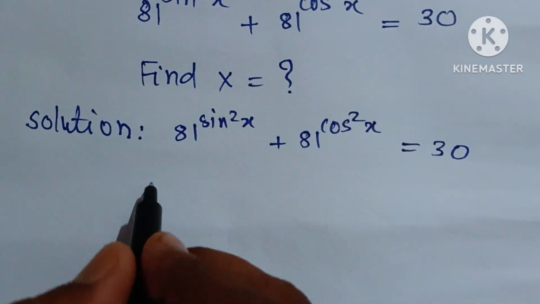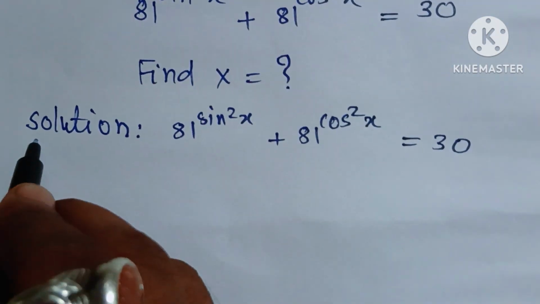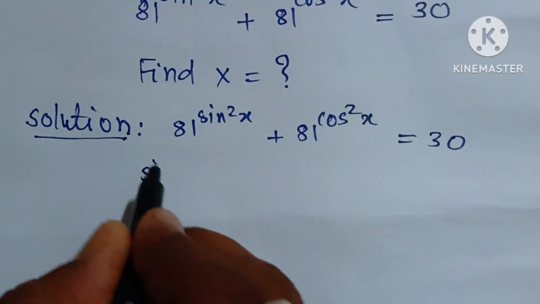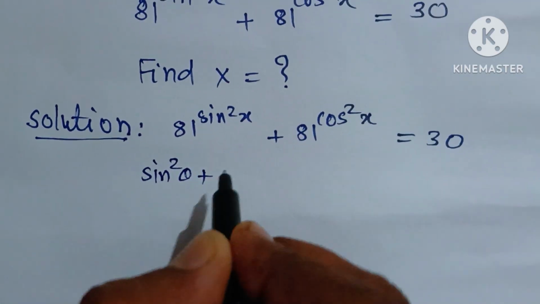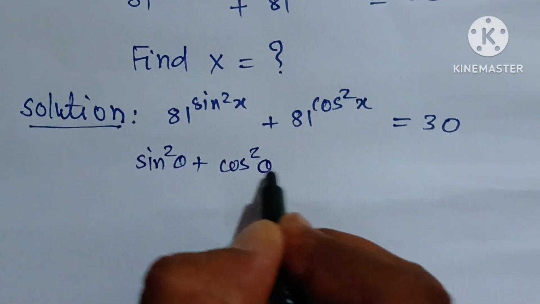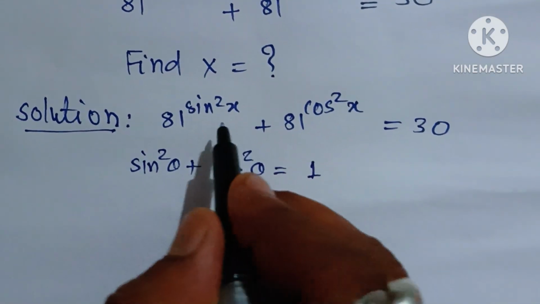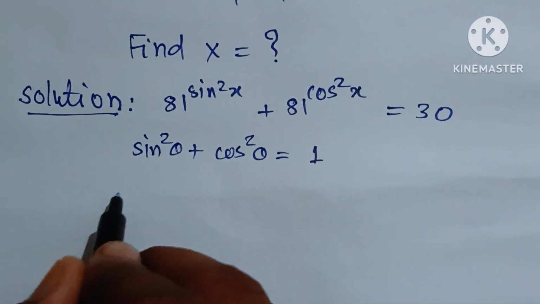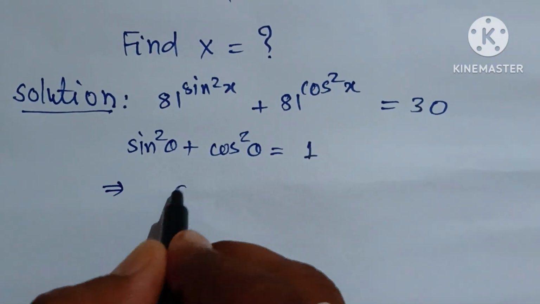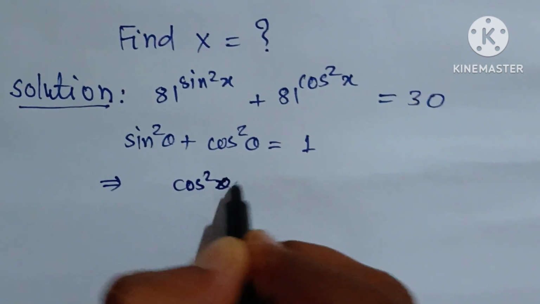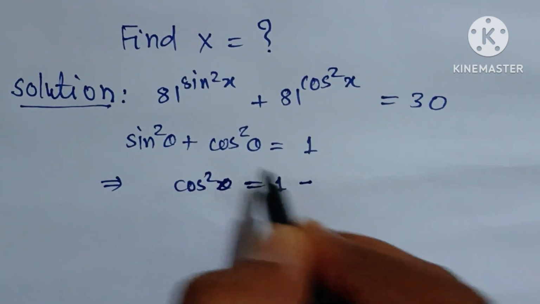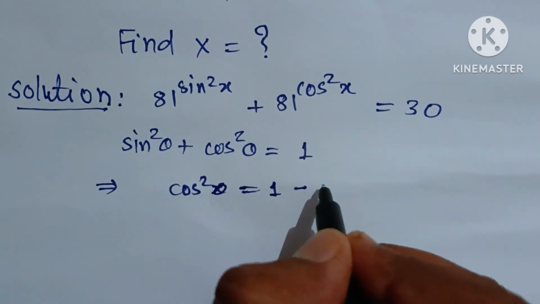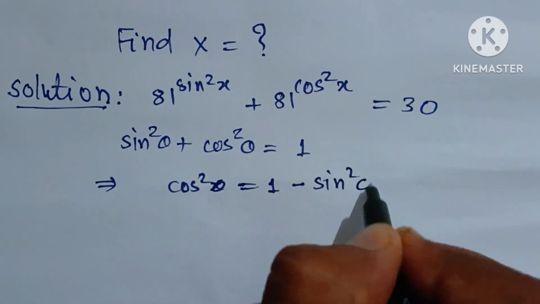We have to use the formula sin²θ + cos²θ = 1. We have to convert this to the same power of 81. So we will write this formula as cos²θ = 1 minus sin²θ, shifting sin²θ to the other side.